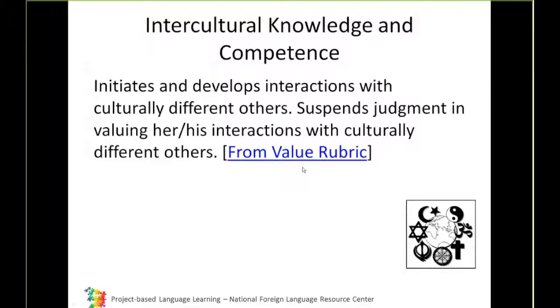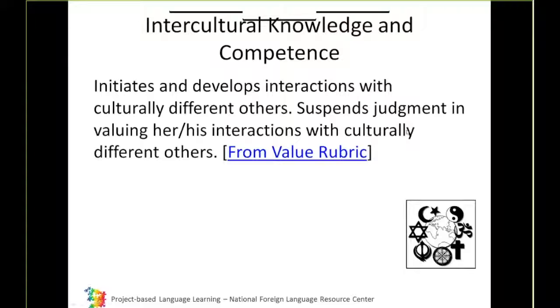So let's take a look. In the intercultural knowledge and competence rubric, they have one called openness, an attitude. In there, the criteria is that students should be able to initiate and develop interactions with culturally different others, and suspend judgment in valuing their interactions with culturally different others.